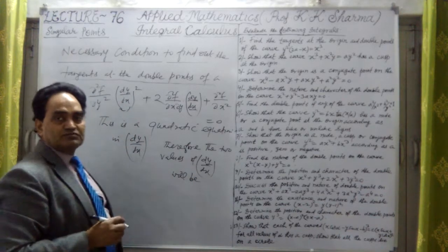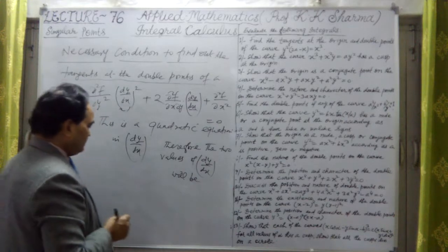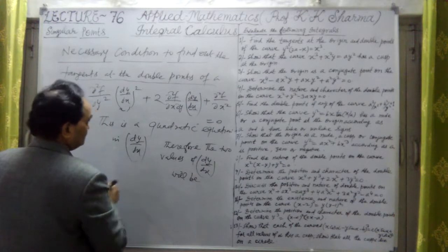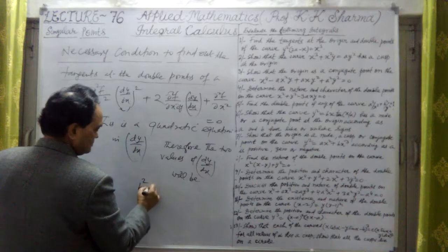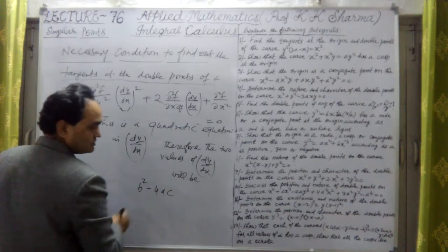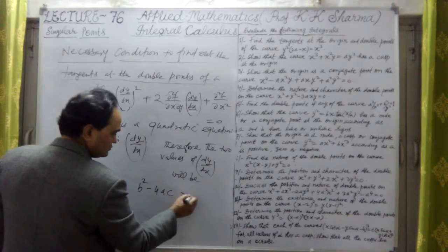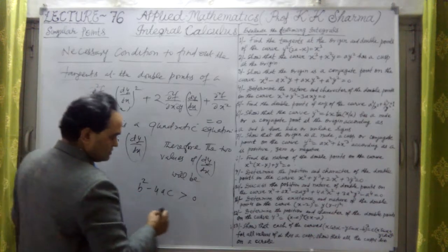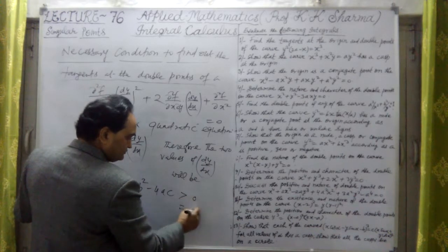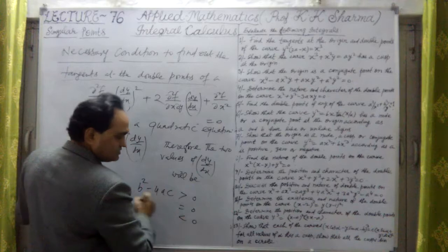We know that b square minus 4ac. If b square minus 4ac is greater than 0, equal to 0, or less than 0, there are three conditions here.